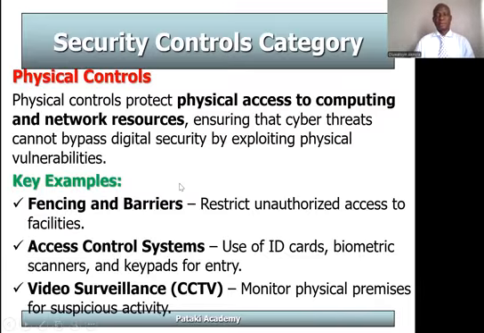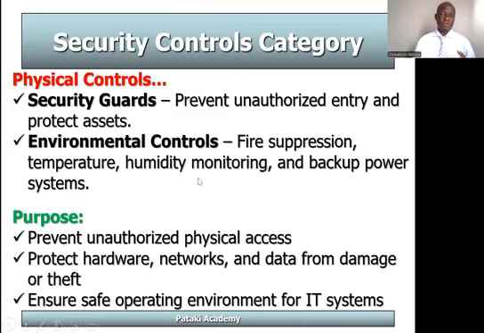center or building. Video surveillance, CCTV. This will monitor the physical premises for suspicious activities. Physical control also continues. You have a security guard who will prevent unauthorized entry or protect assets.